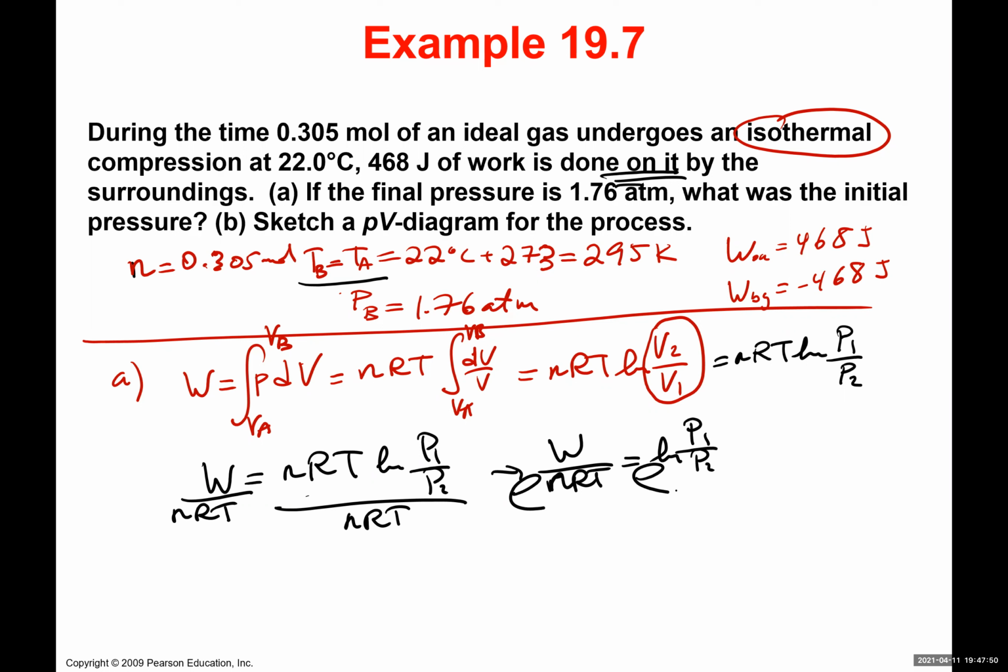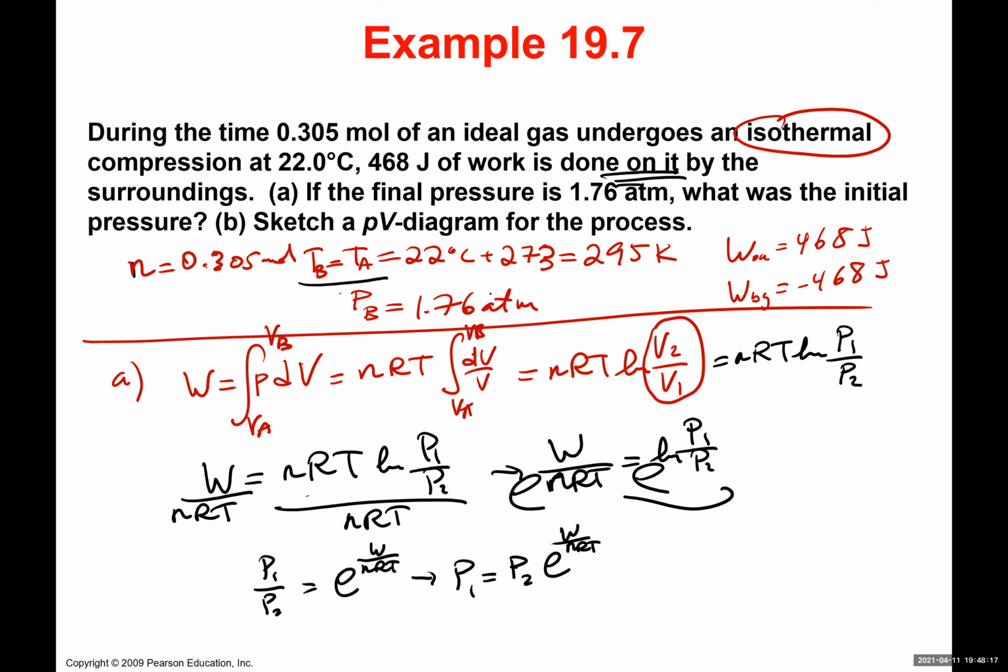So on the left side, e to the ln P1 over P2 will be just P1 over P2, and on the right side I will have e to the work over nRT. That is not an issue right now, because then P1 equals P2 times e to the work over nRT, and I have everything.